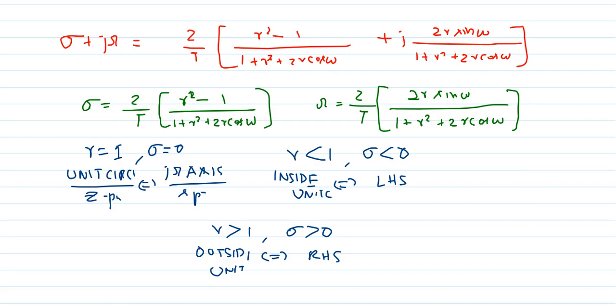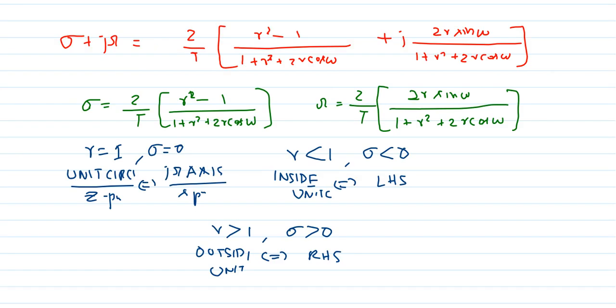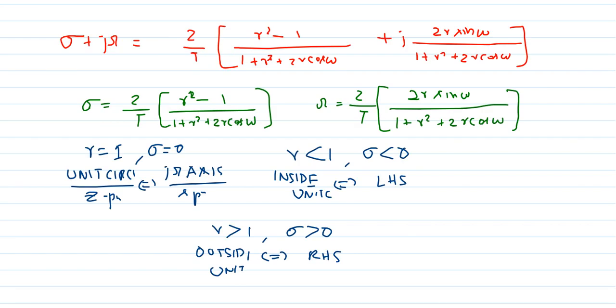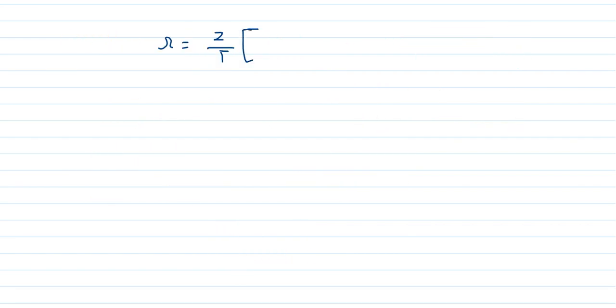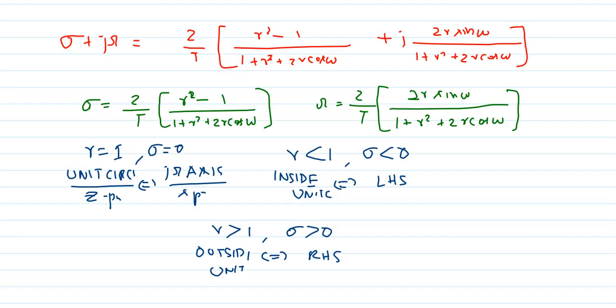We'll go one step further, and we have to find out certain relationships. If you see the relationship for omega, particularly we'll take this part, when r equals 1, this is 0. Omega becomes 2 by T into 2 sine omega by 1 plus 1.